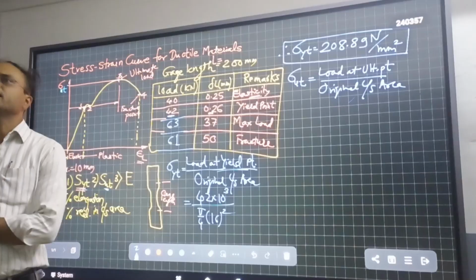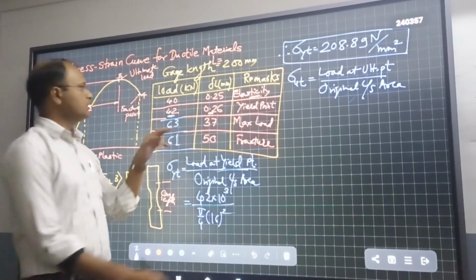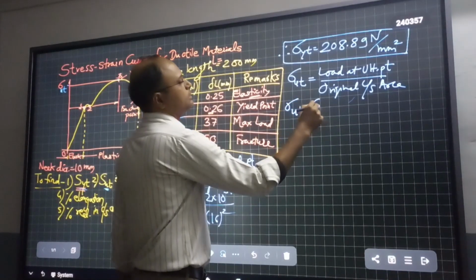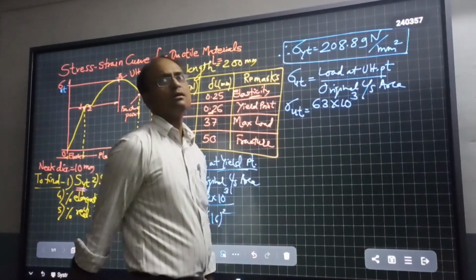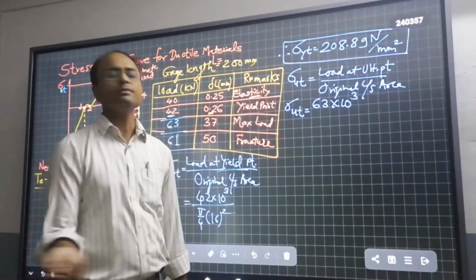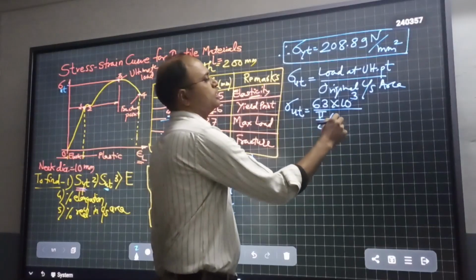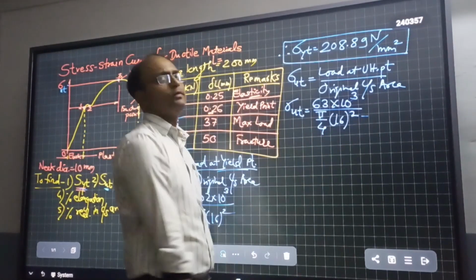What is the value of load at ultimate point? That is the maximum load. What is it? 63. Sigma UT is equal to 63 into 10 raised to 3, kilonewton to Newton, upon pi by 4 d square.